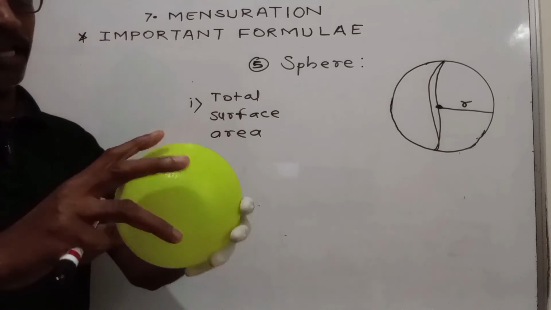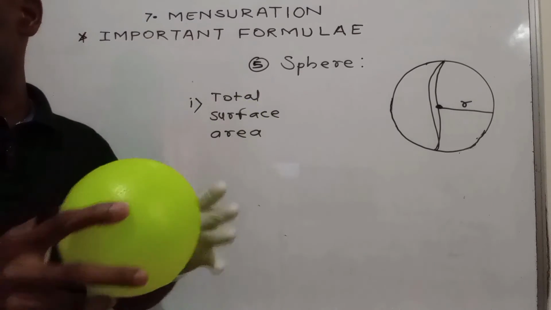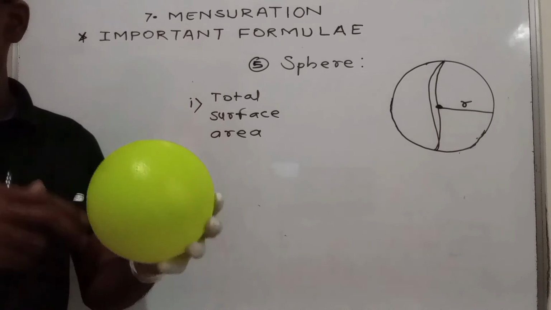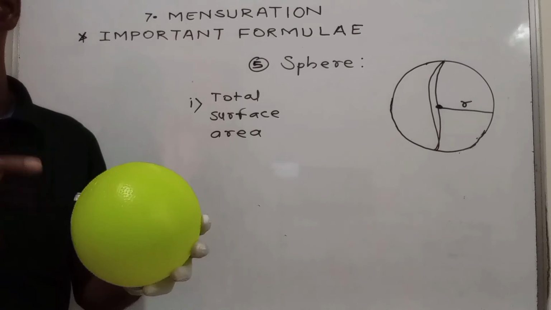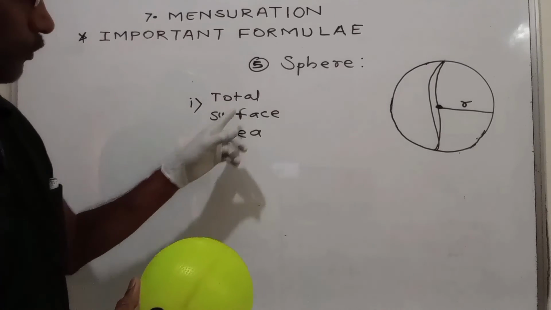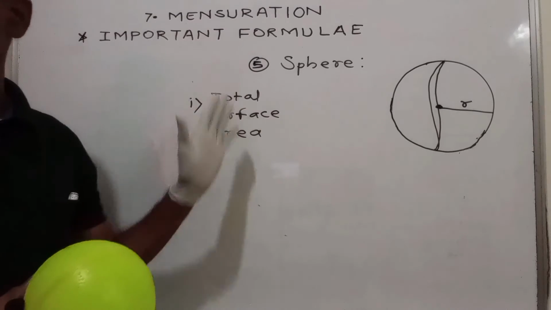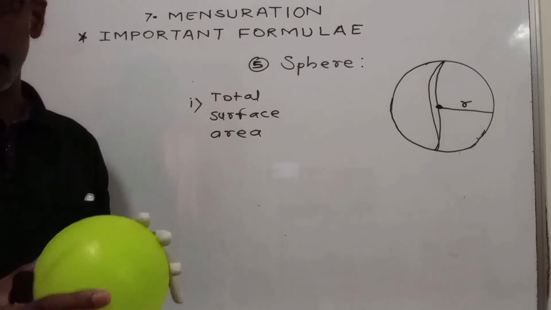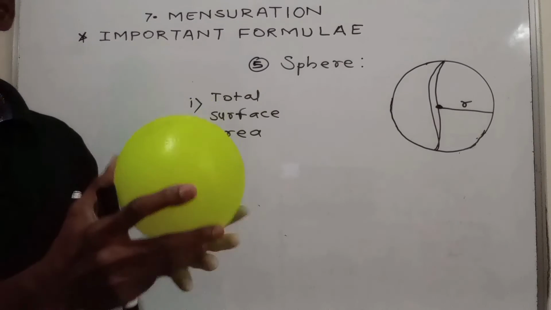Total surface area or only surface area of a sphere means this part, total.